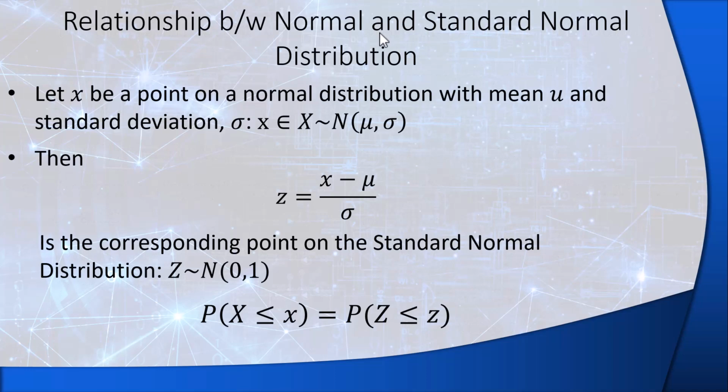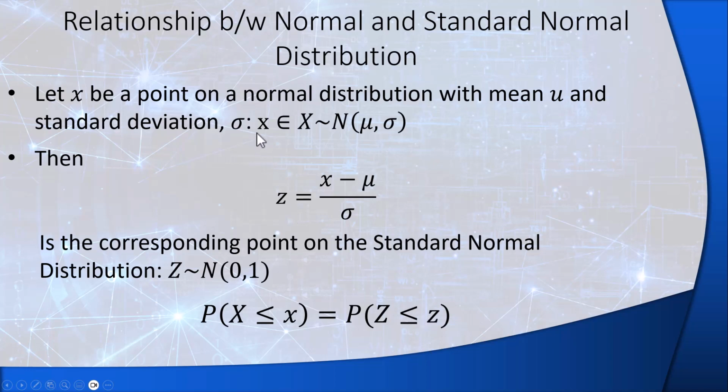Let x be any point on a normal distribution with a mean of mu and a standard deviation of sigma. Then we know how to compute a z-score. We did this at the end of chapter 3, and this is how we do it. If that's the case, then z is equivalent to x in the sense that the probability that the random variable X is less than or equal to x is equal to the probability that the random variable Z is less than or equal to z.